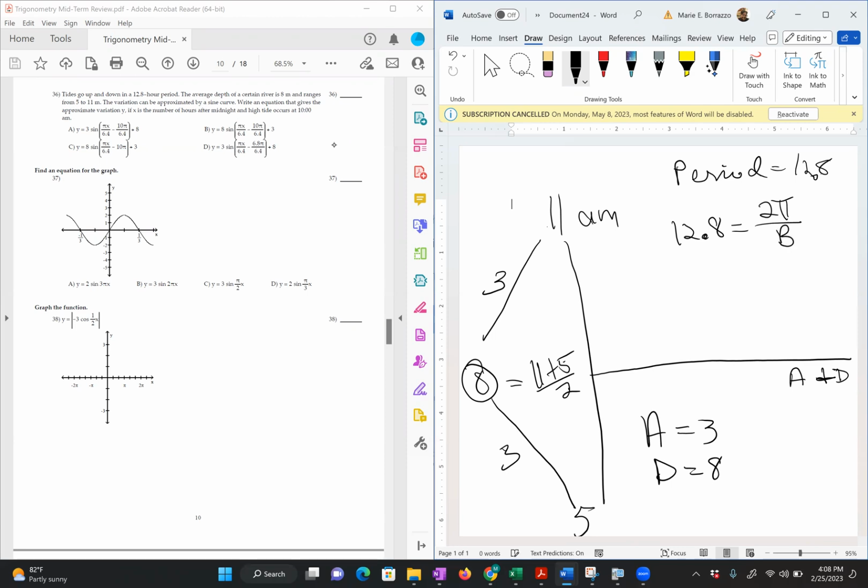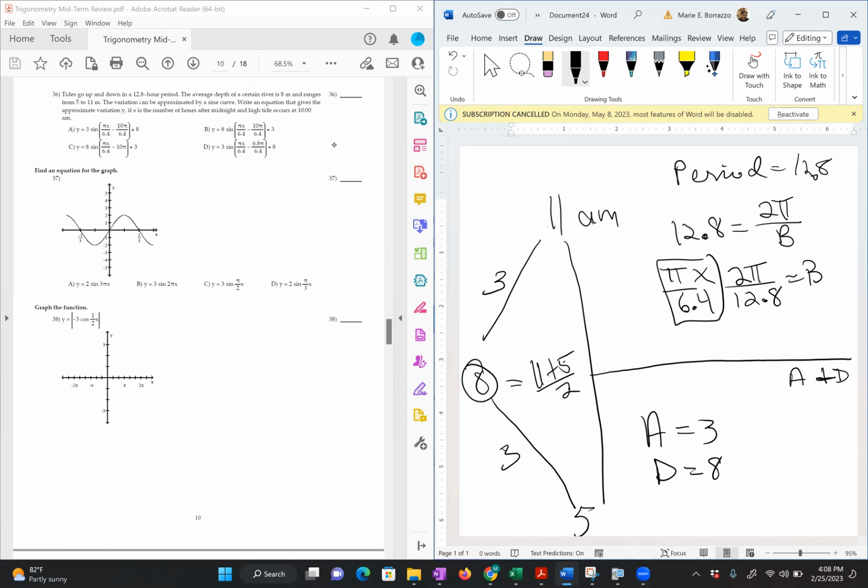If I swap them out, I get 2 pi over 12.8 is equal to b. If I simplify this, I get pi over 6.4. So in this case, pi x over 6.4 is your b term. It matches all of them, not a problem.